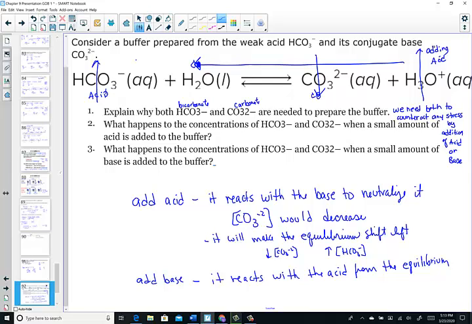Right? So let's clean this back up and just talk through what happens here. If I add a base, it's going to react with the acid, isn't it?